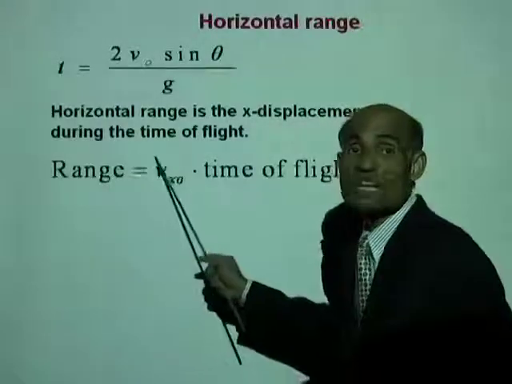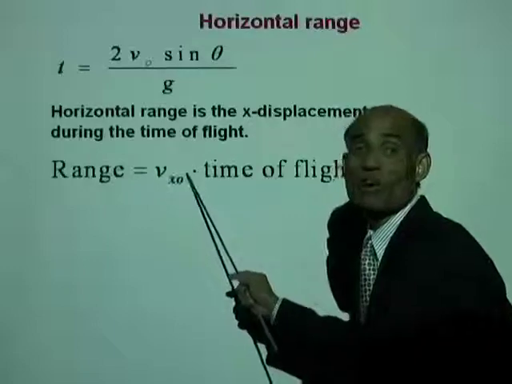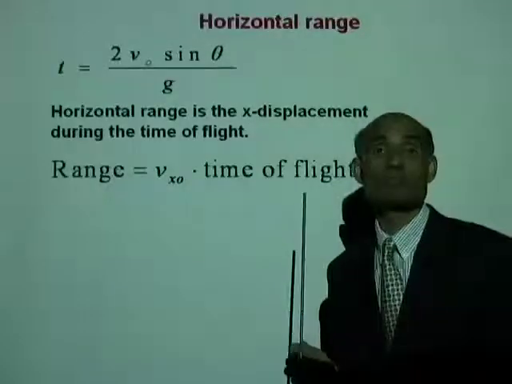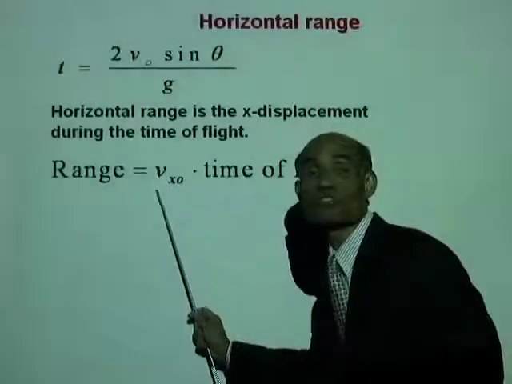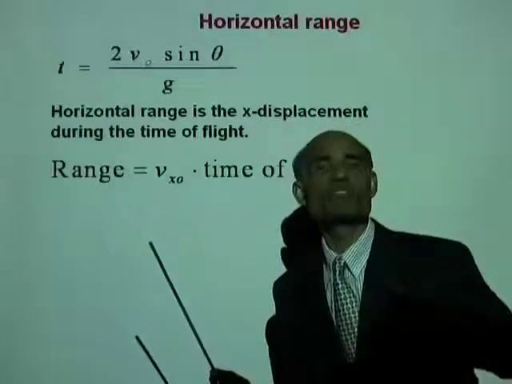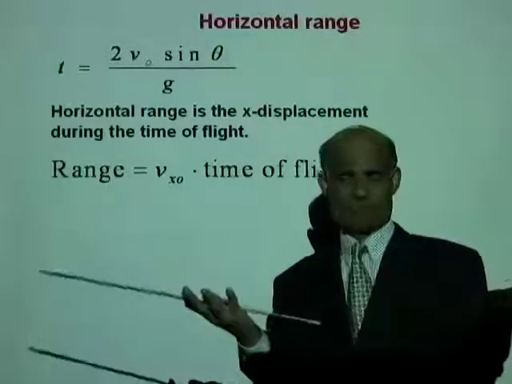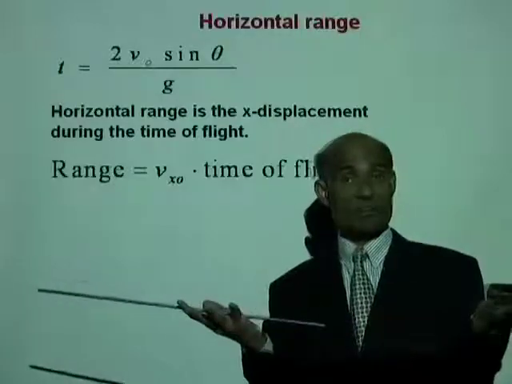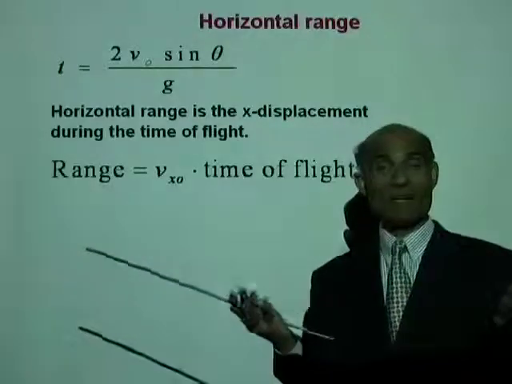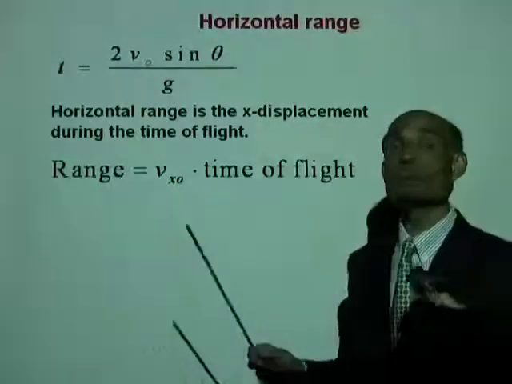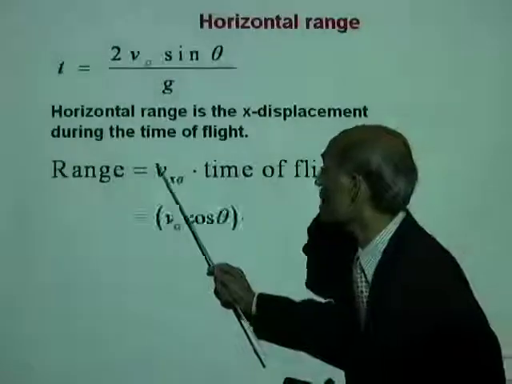Therefore, range is vx0 multiplied by the time of flight. What is vx0? Well, vx0 or vx, since vx does not change, it doesn't really matter. And what is that equal to? That will be V0 cos theta.